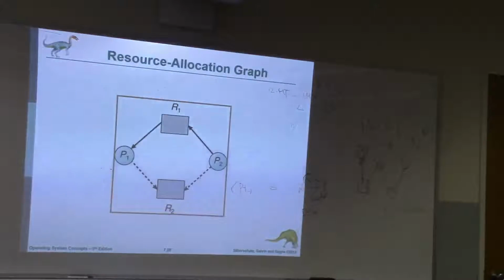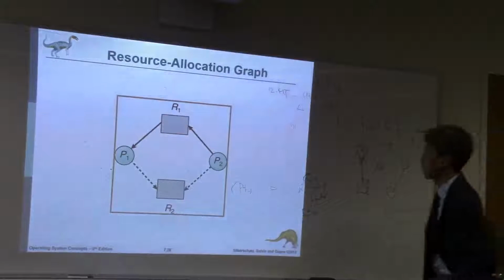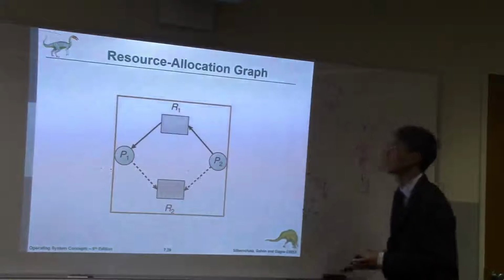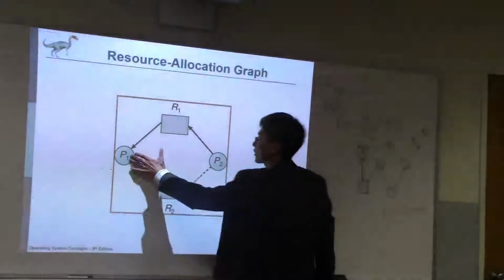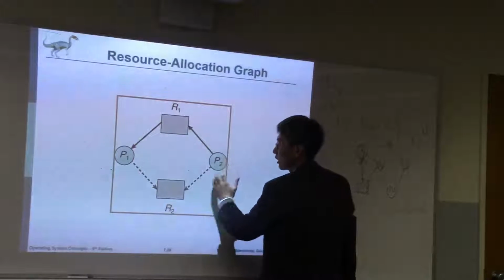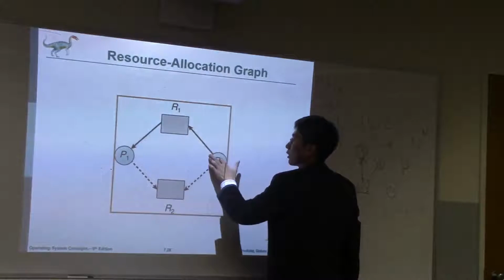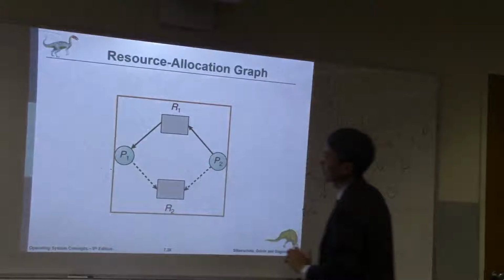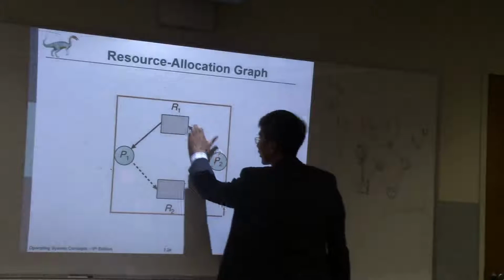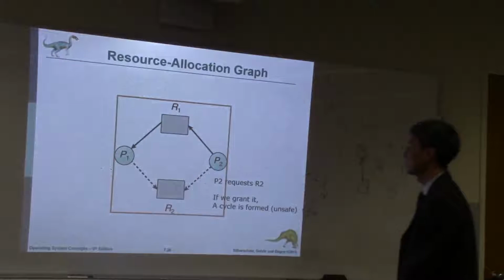This is an example of the resource allocation graph. We have two processes. P1 is holding R1, and P2 is requesting. The dashed one is a future request.